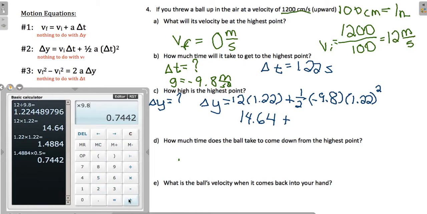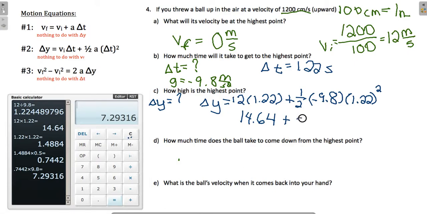You can add the negative to it if you want to. Okay, let's try this again. 0.7442 times 9.8 gives us, that should be negative since we're dealing with that negative 9.8. So this was minus 7.29316.